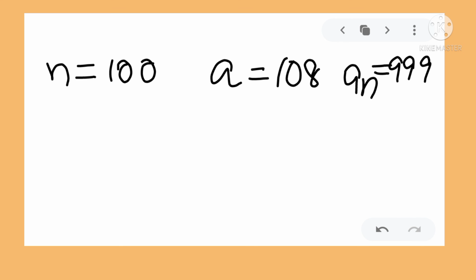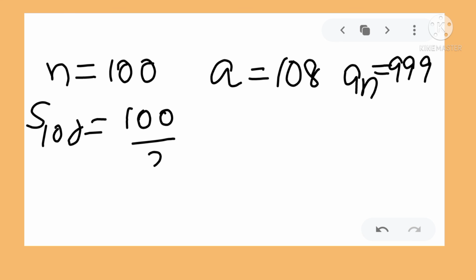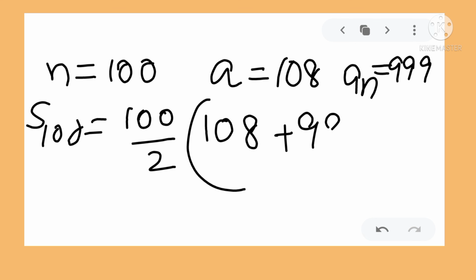And a is equal to 108, an is equal to 999. Then we can find S100, which is equal to n by 2, that is 100 by 2 into (a plus an), that we apply here, 108 plus 999.